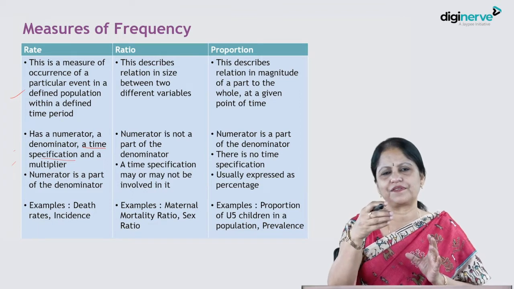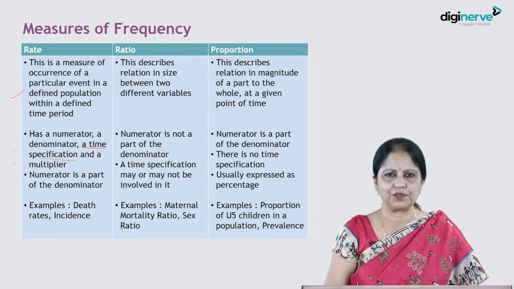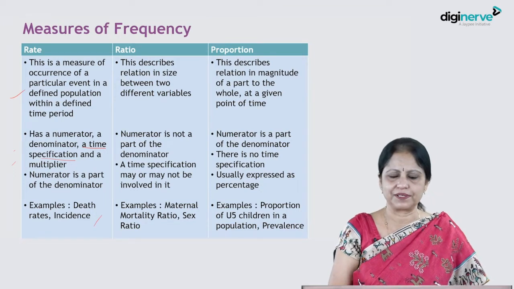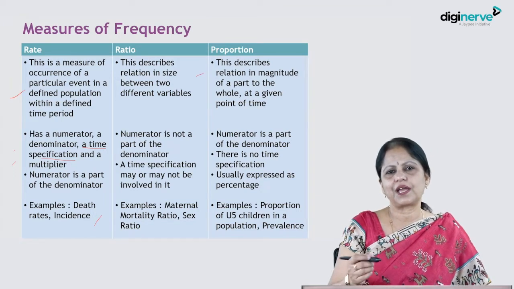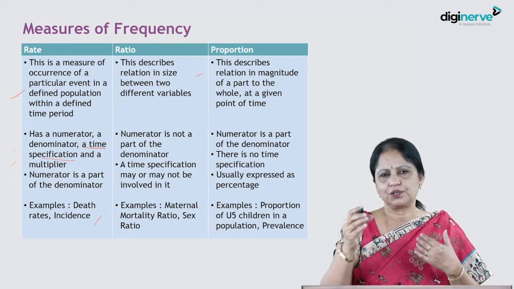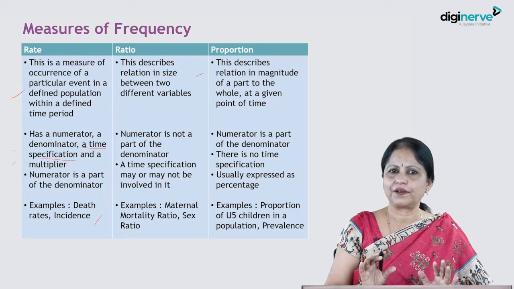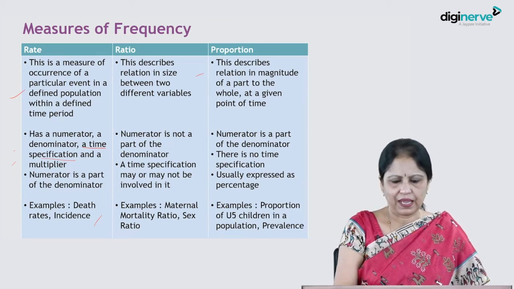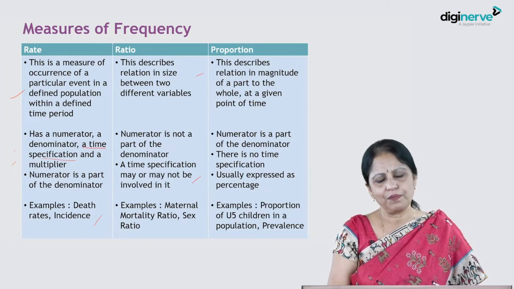How many people are suffering out of the total population? So the numerator is a part of the denominator, and these are some examples. Ratio describes the relation in size of two different quantities. So the numerator is not a part of the denominator because these two are different variables, and a time specification may or may not be present.